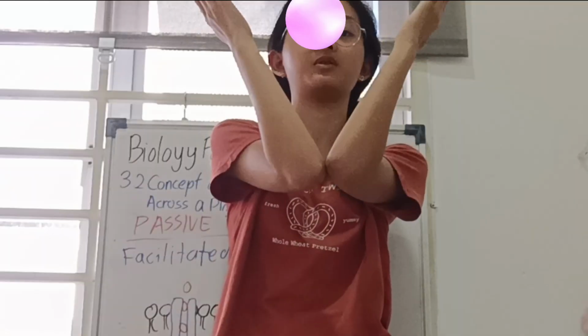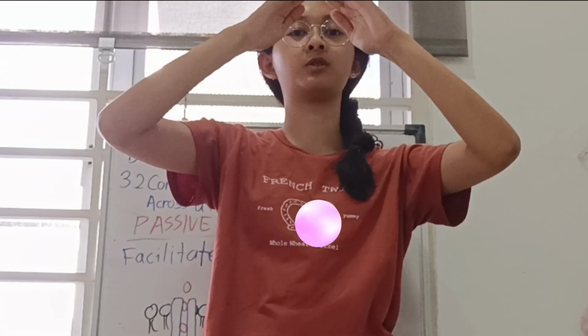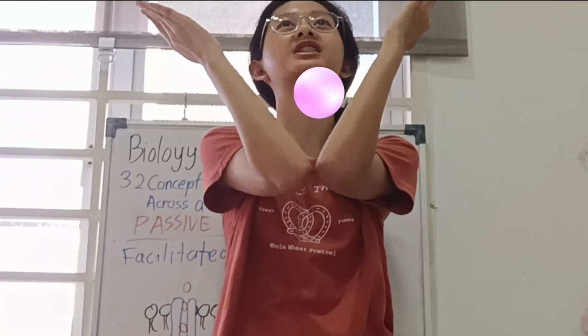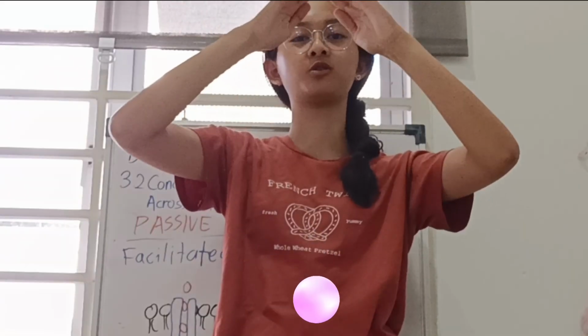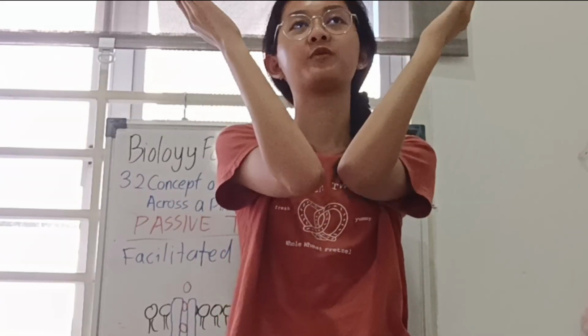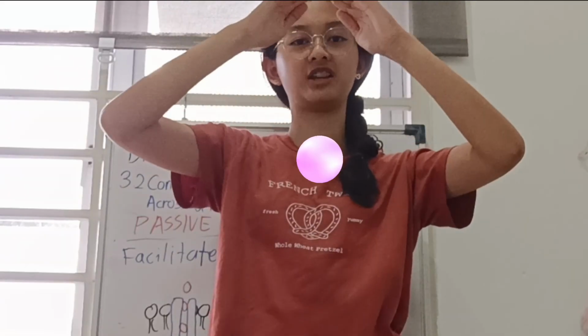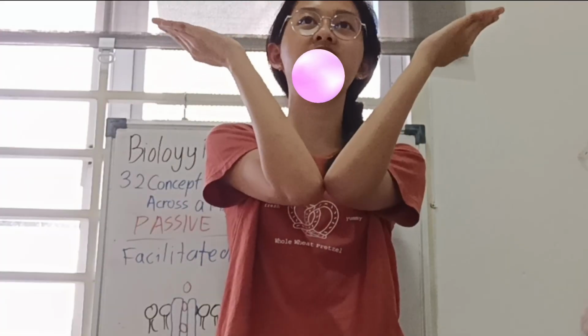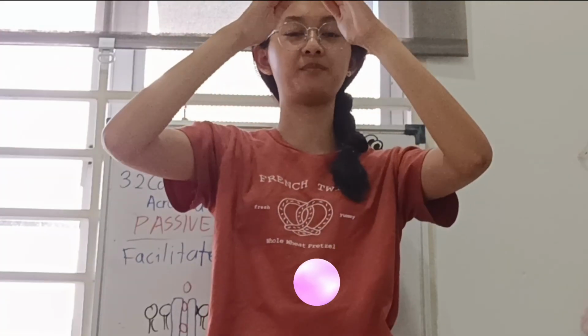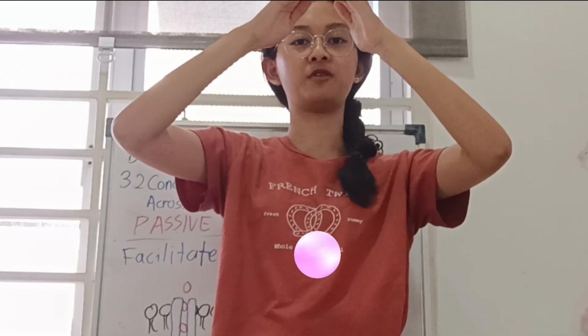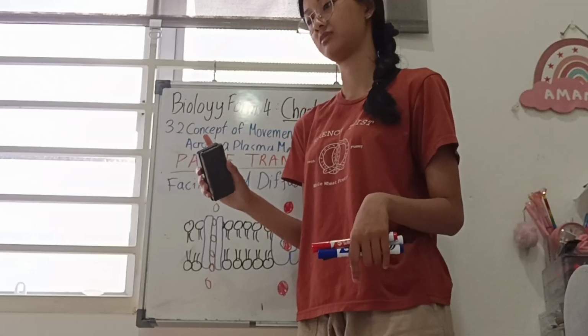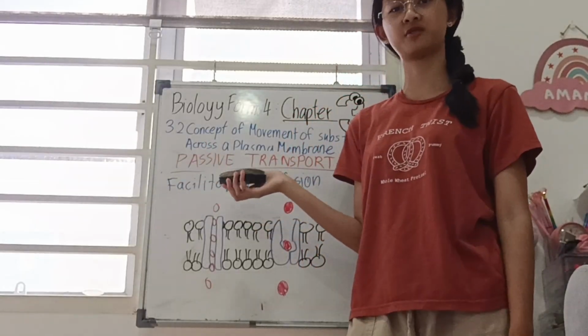So that will just keep repeating slowly. As long as the molecules can go into the cell following the concentration gradient to achieve the dynamic equilibrium, then that will just keep going in and keep diffusing in. So that is all for passive transport.